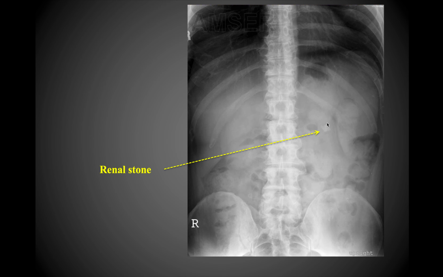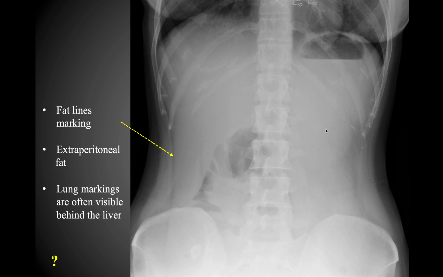And then in this individual, you can also see this hyperintensity right here, which is a renal stone or a kidney stone. In this scan, you're able to make out fat line markings. So this is representing the error being caused by extraperitoneal fat, especially around some of the pararenal fat surrounding the kidneys. You can especially appreciate that here on the patient's right side.